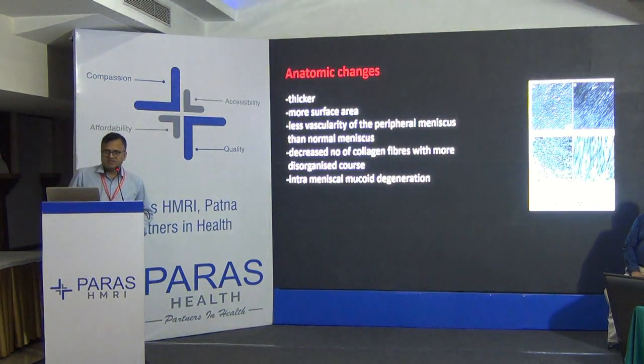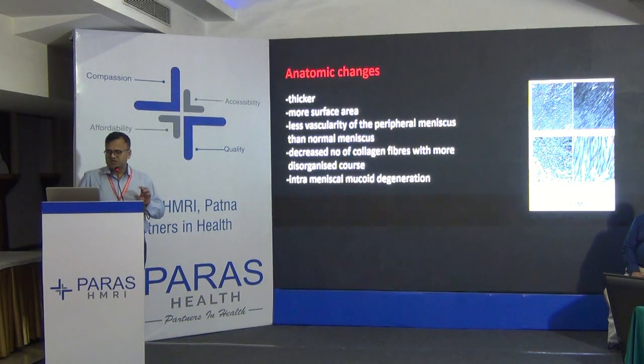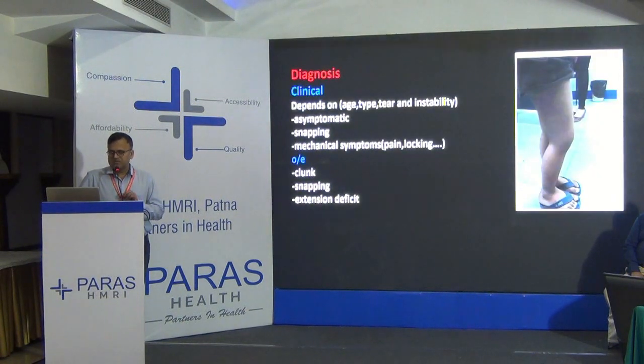The anatomical changes, how it differs from the normal meniscus: it is thicker, has more surface area, and less vascularity on the peripheral side than the normal meniscus, with a reduced number of collagen fibers, more disorganized coarse fibers, and intrameniscal degeneration, most of the time in the body part.